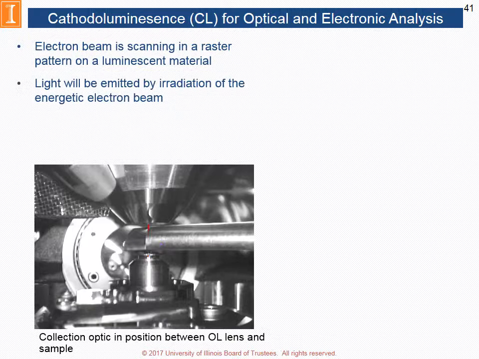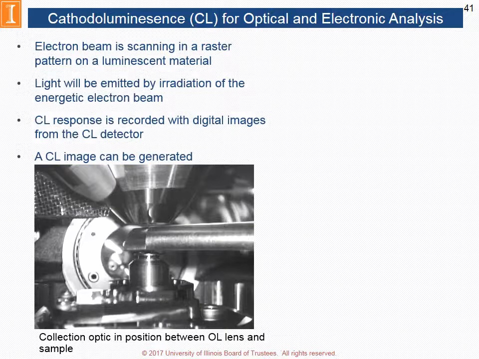Cathodoluminescence is used for optical and electronic property analysis. The electron beam is scanning in a raster pattern on a luminescent material. Then light of different wavelengths may be emitted by irradiation of the energetic electron beam.